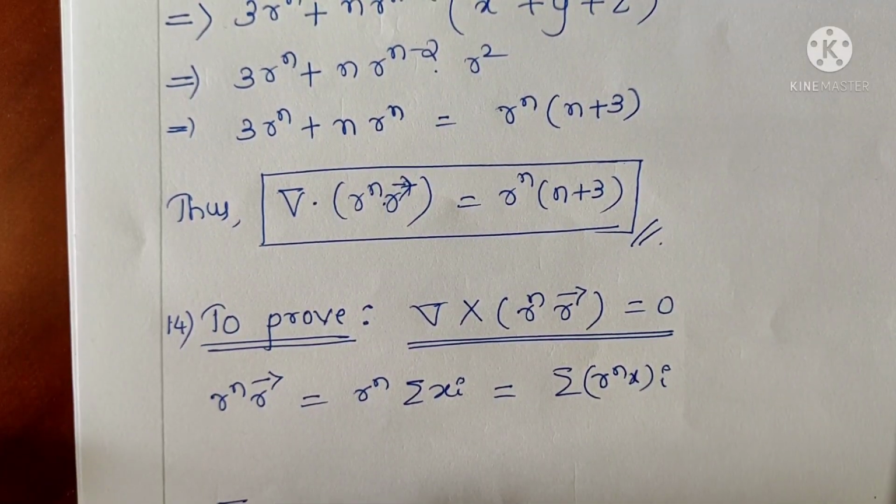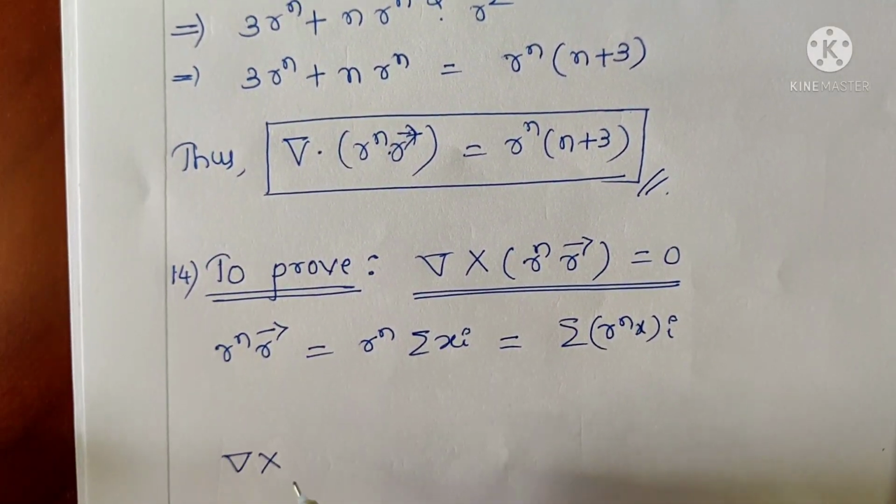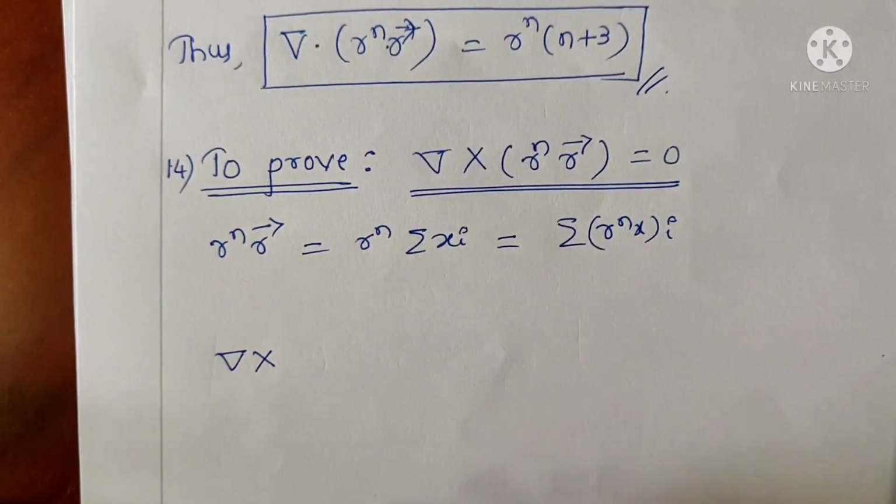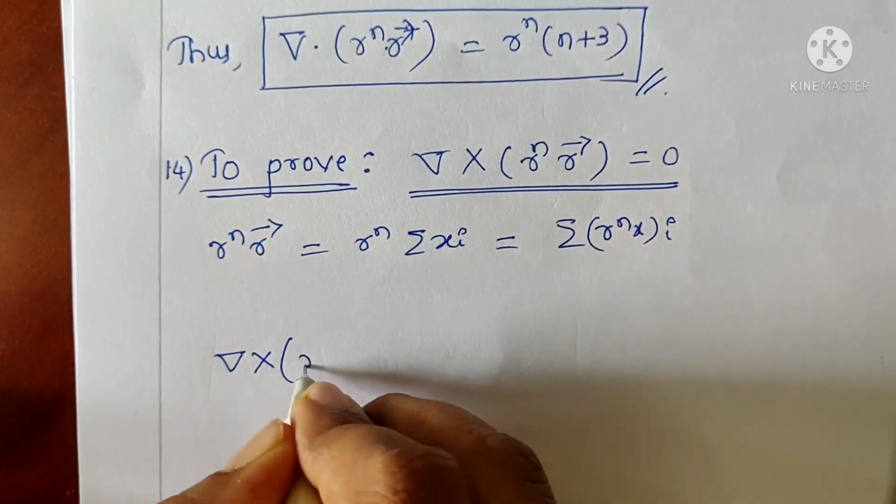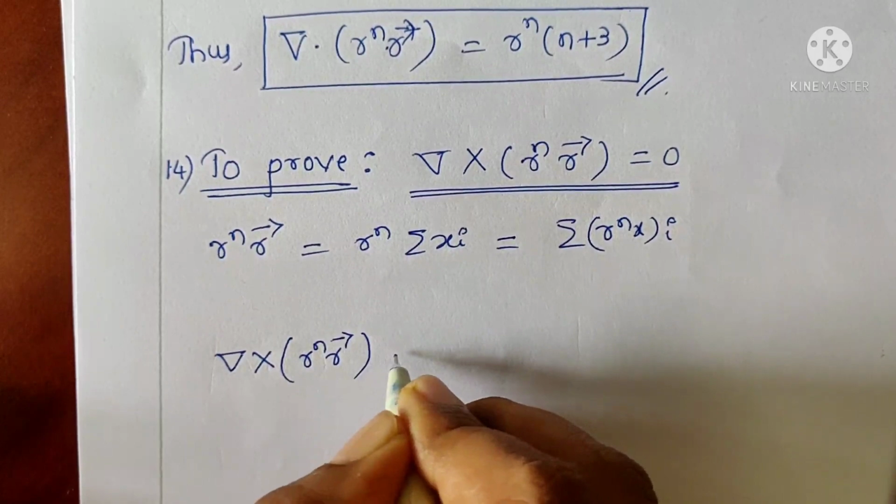So they asked you to find del cross r^n vector r.